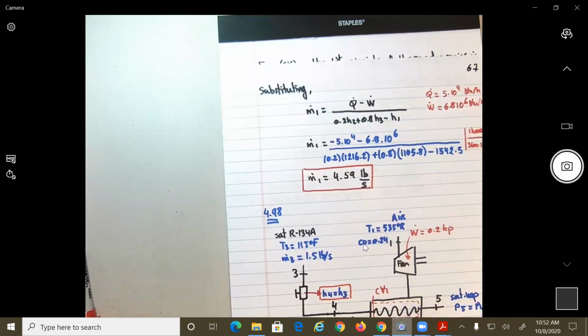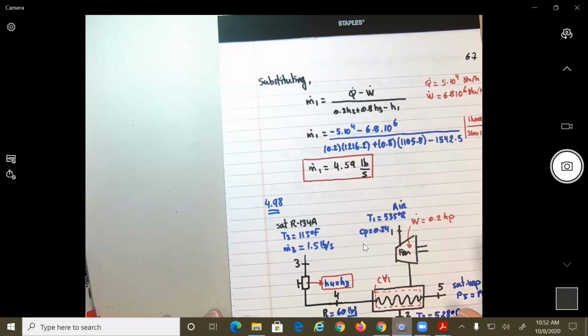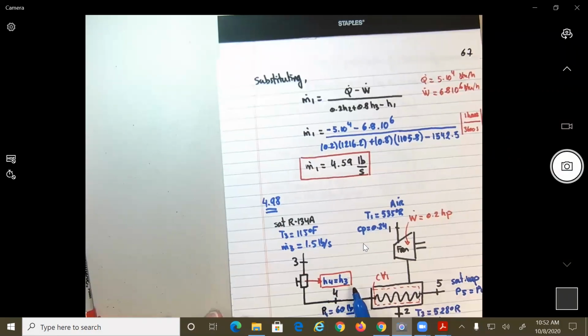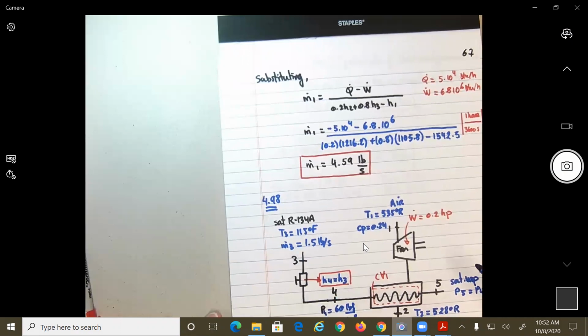Okay, so we need to find H4 and H5. What do we know about H4 and H5? We know that this should be equal, no? Yeah?